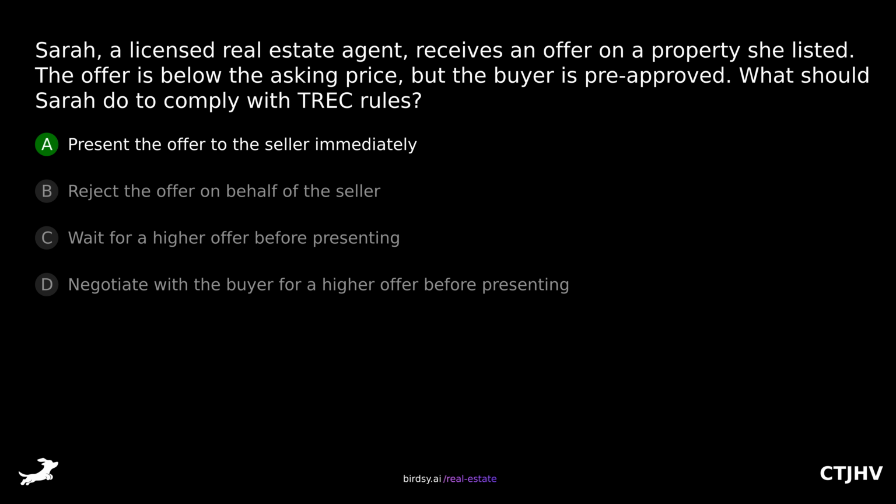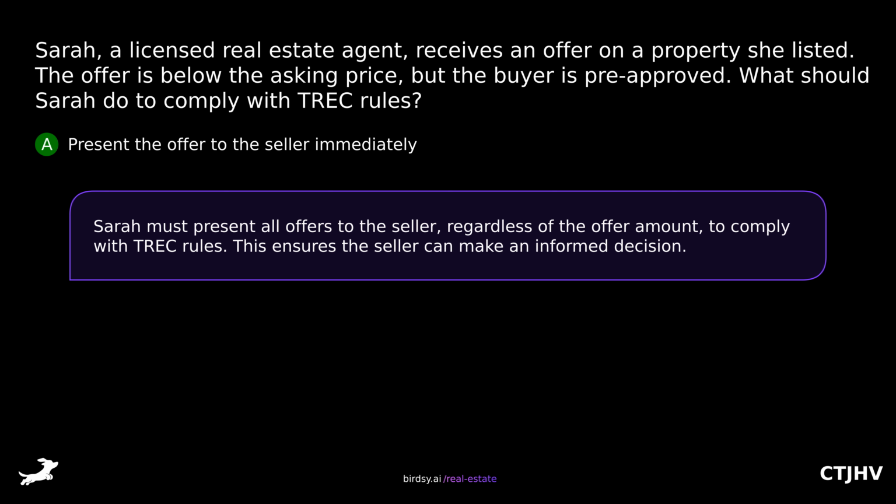The answer is A, present the offer to the seller immediately. Sarah must present all offers to the seller, regardless of the offer amount, to comply with TREC rules. This ensures the seller can make an informed decision.